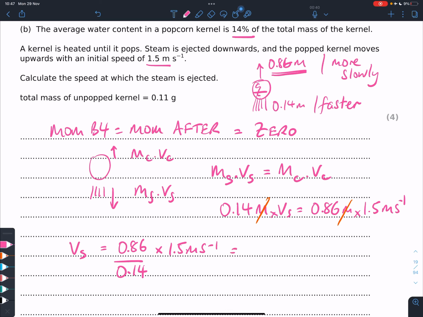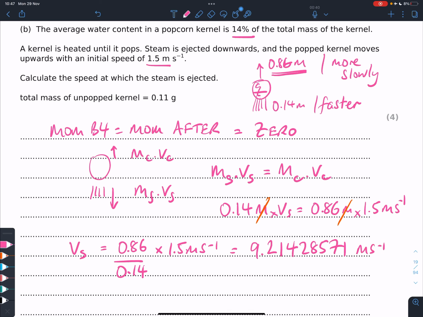When I do that in my calculator, it should come out to a little bit less than 10. So 0.86 divided by 0.14 times 1.5 is equal to 9.2142857 is what my calculator says, meters per second.